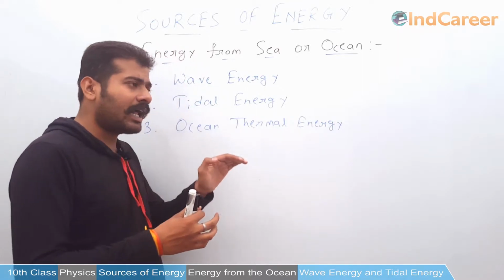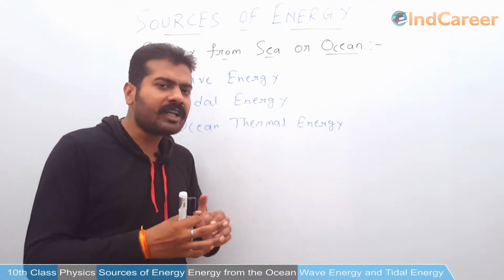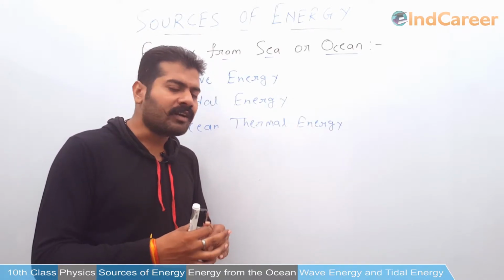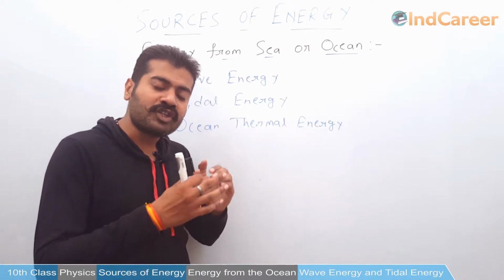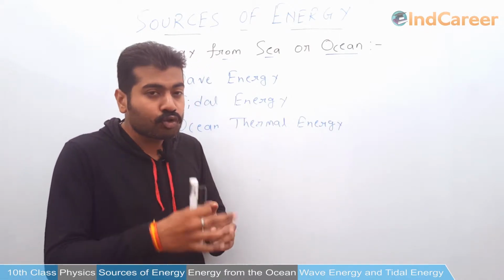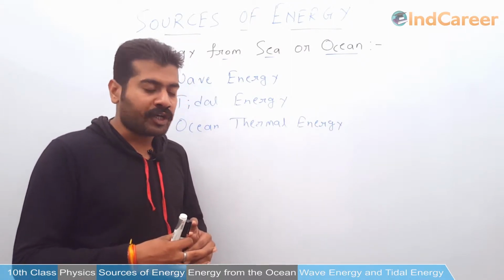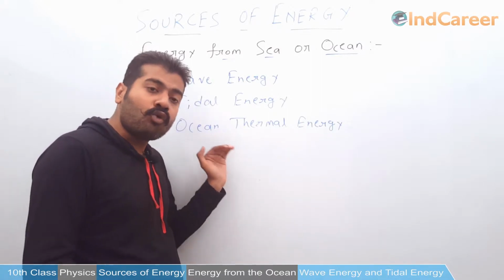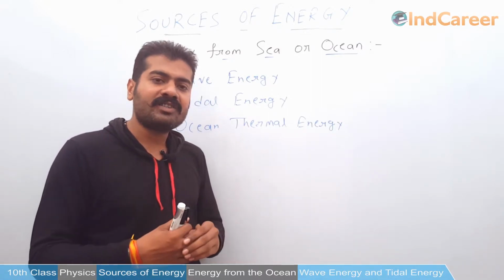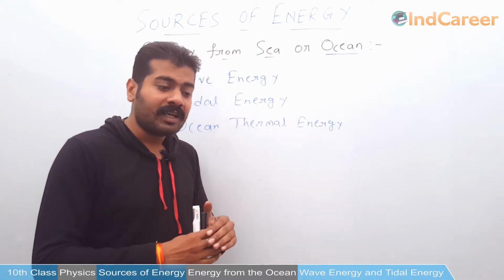So tides are caused in an ocean due to the gravitational force of attraction exerted by the moon, and the waves in an ocean or a sea are due to the flow of air on the surface of the ocean. And the third one is the thermal energy of the ocean, and this thermal energy is nothing but a temperature difference of the water levels.